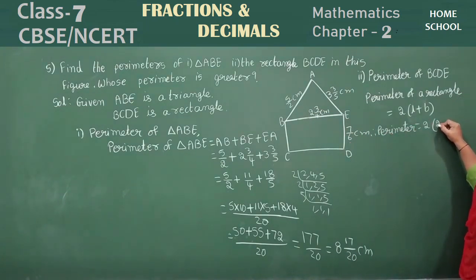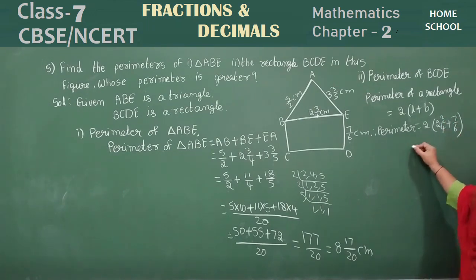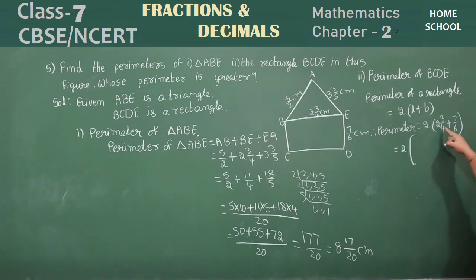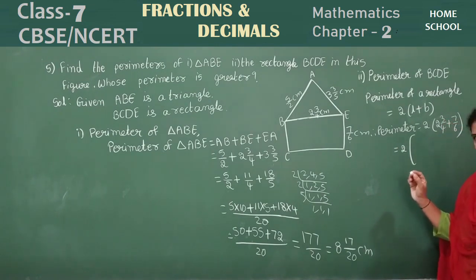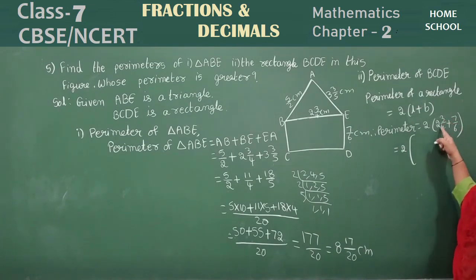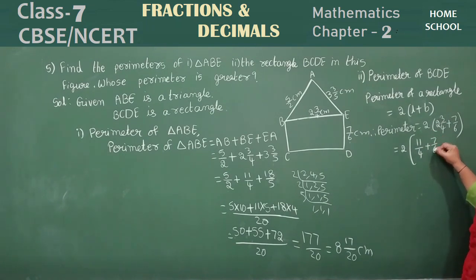That will be 2 times (2 3 by 4 plus 7 by 6). So now multiply this and then add, children, in order to convert the mixed fraction into improper. 4 2s are 8, 8 plus 3 will be 11 by 4, plus 7 by 6.